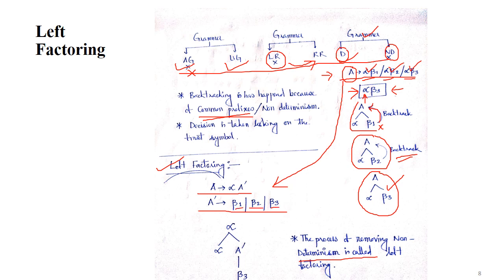Then in this case you can see I can directly generate alpha beta 3, because the first production will always produce you alpha A dash. Now in this A dash symbol, you can see nothing is common in the right hand side. It is beta 1, beta 2, then beta 3. So your parser can directly generate beta 3. So left factoring always removes non-determinism as well as common prefixes from your grammar.